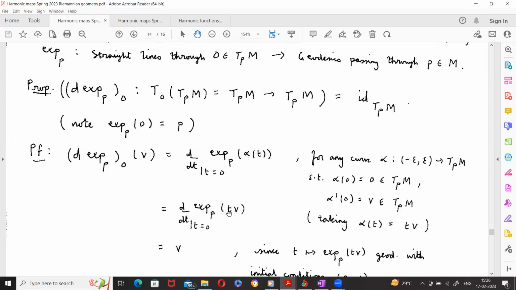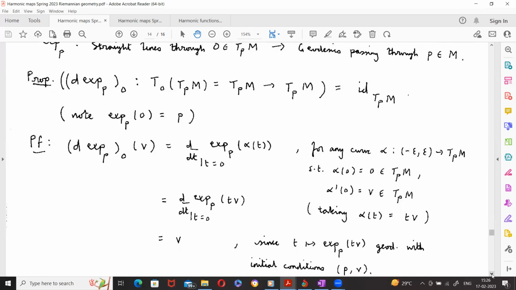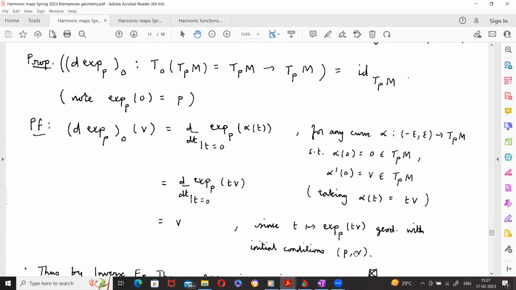But xp of tv, this is the geodesic with initial conditions p comma v. In other words, the velocity vector of this at time 0 is equal to v, right? So this will give you back v. So that means that the derivative of the exponential at the origin maps v to v. So it is the identity map. Okay. Is that clear?